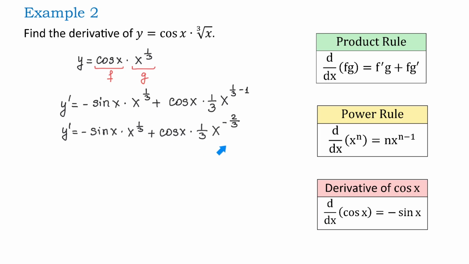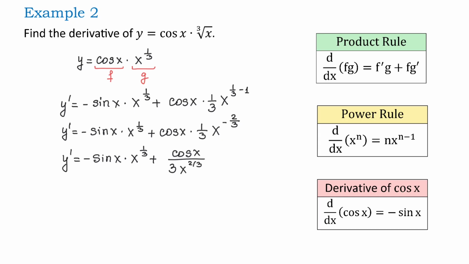And now here I will write cosine of x in the numerator, and I will bring x down to the denominator and make this exponent positive. So then y prime equals negative sine of x times x to the 1/3 plus cosine of x over 3 x to the 2/3.